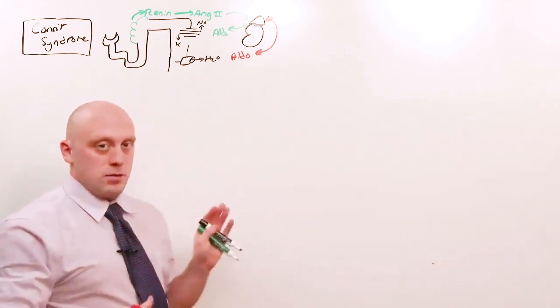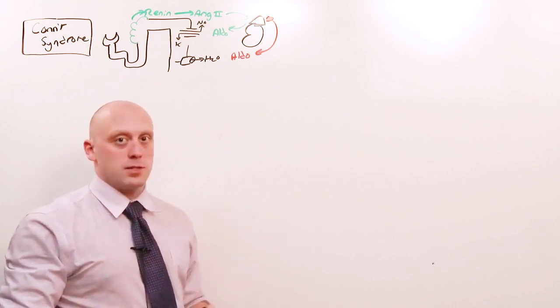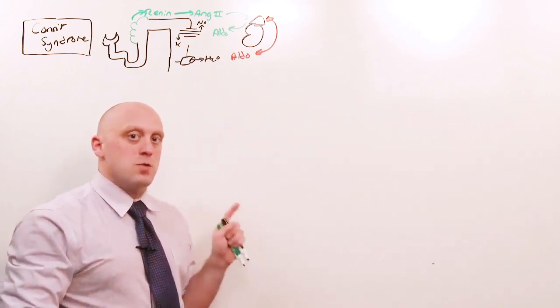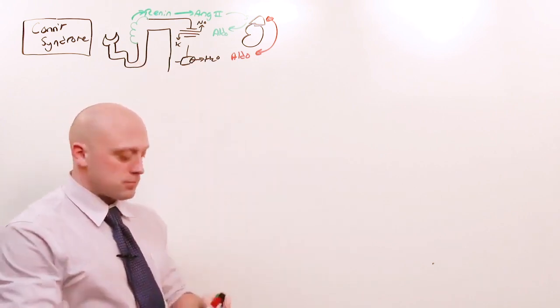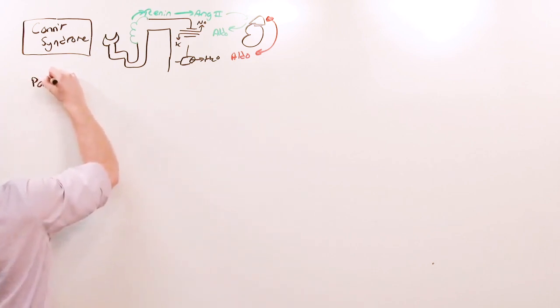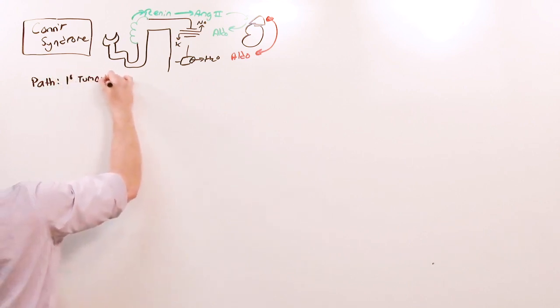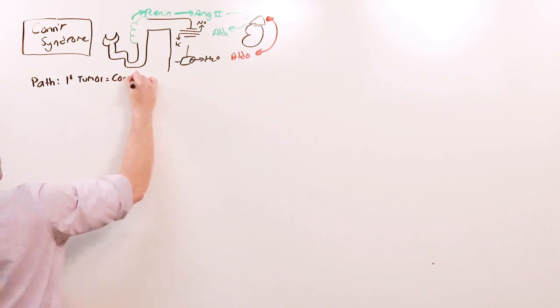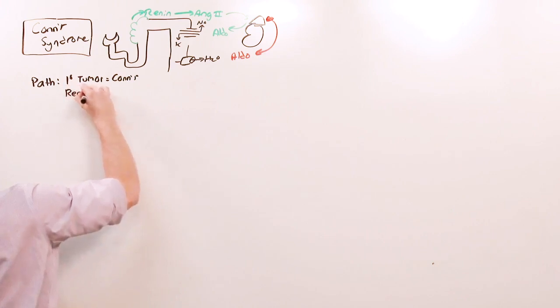So unlike cortisol, where we focused a lot on the HPA axis, this needs to be focused all on a new endocrine axis. So the pathology of Conn's syndrome is either going to be a primary tumor, which is Conn's, or it's going to be a product of renovascular hypertension.